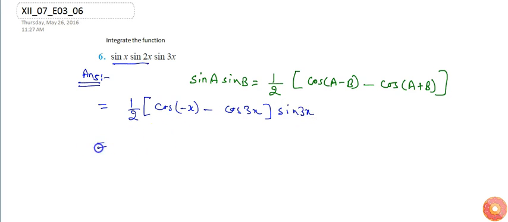Here I can write it as sin 3x cos x minus sin 3x cos 3x.